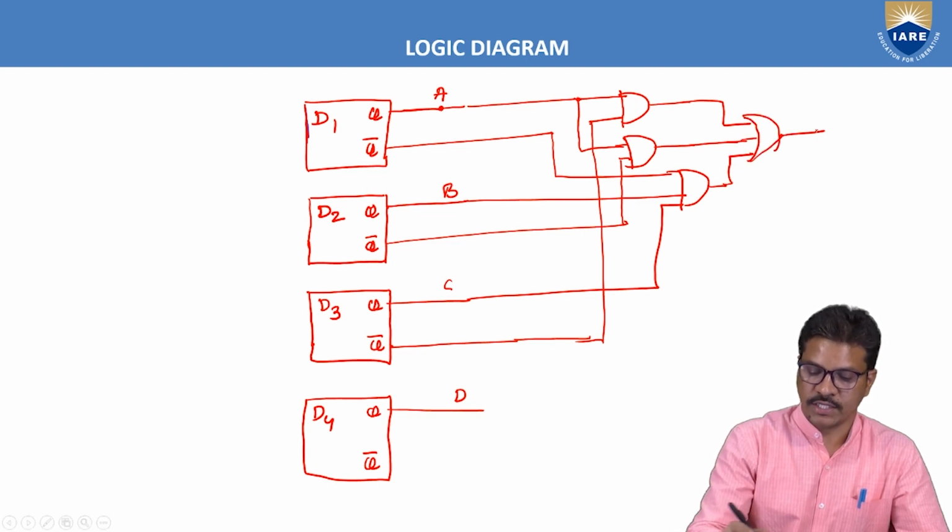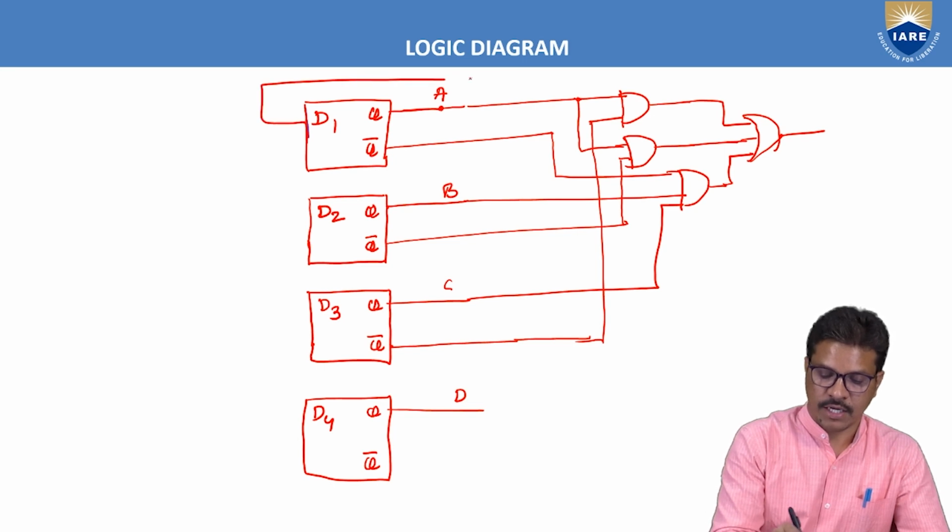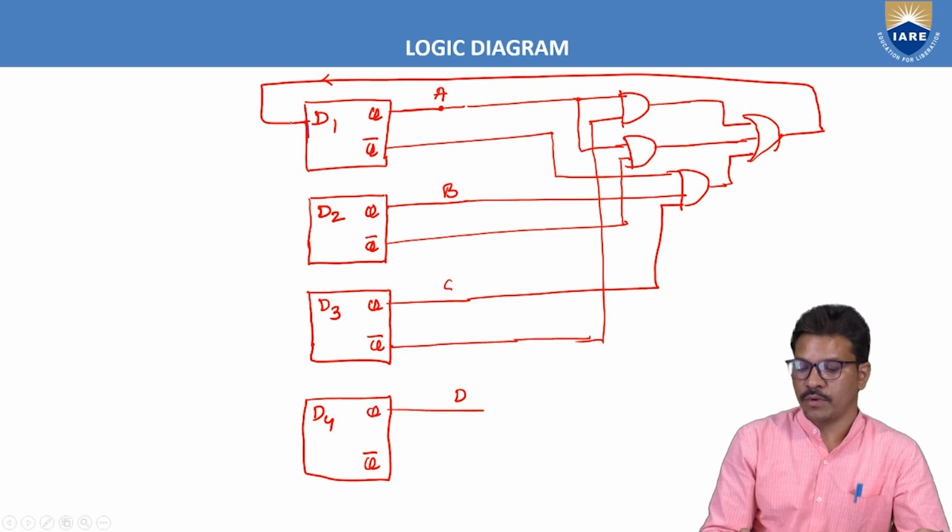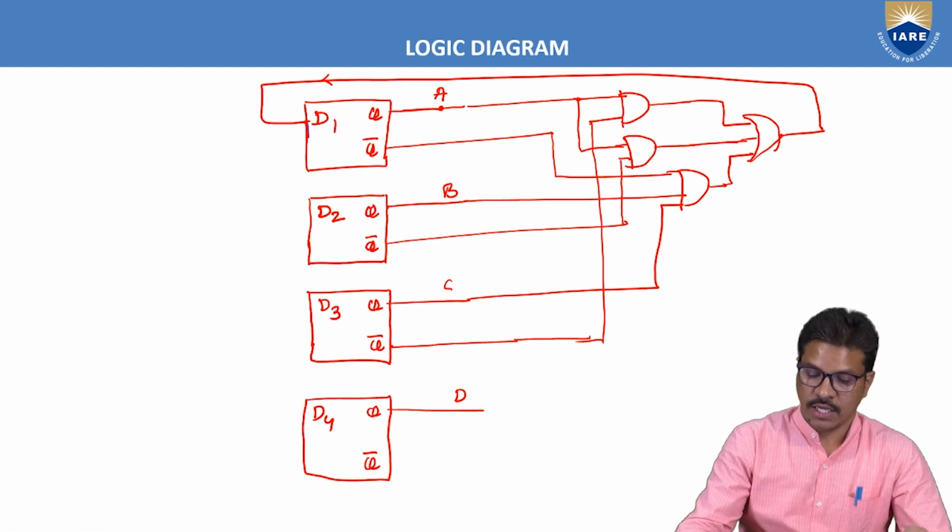This output is connected to the D input. This is D1.